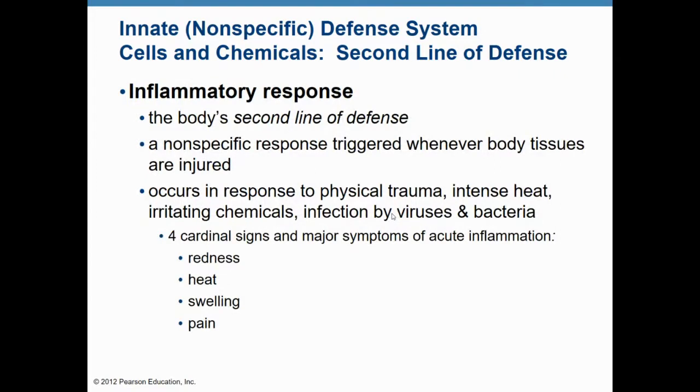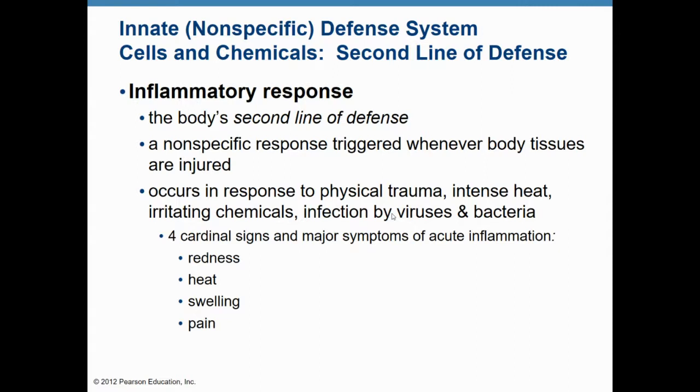The next component of our second line of defense is the inflammatory response, or just inflammation. This is a non-specific response that's triggered whenever body tissues are injured or stressed. It occurs in response to physical trauma, intense heat, irritating chemicals, infections by viruses, and infections by bacteria.